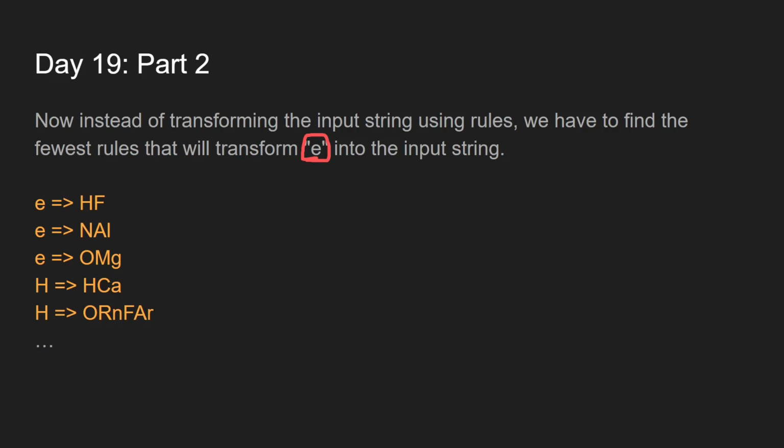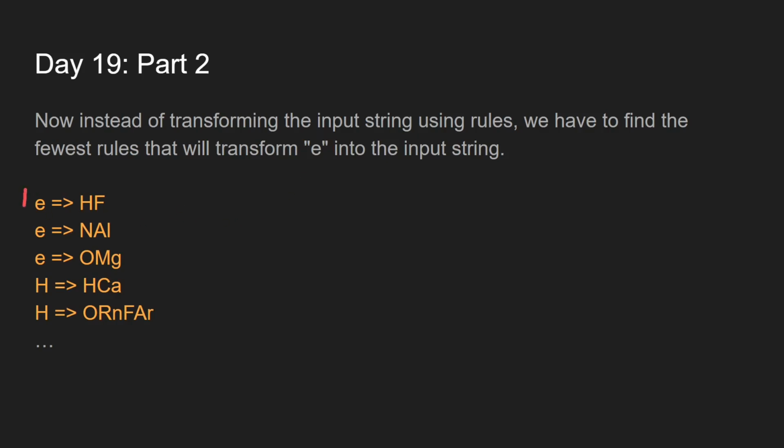And then the question is, how can we produce the target string, which is the input is now a target string that we want to produce by applying all available rules to this starting string e. And the question is, how many replacements is the minimum to reach the target string from starting with e.